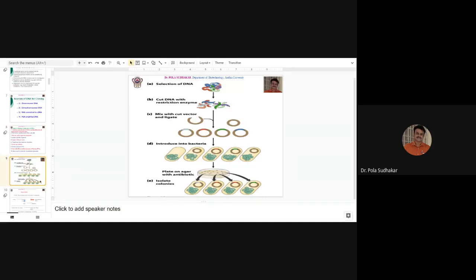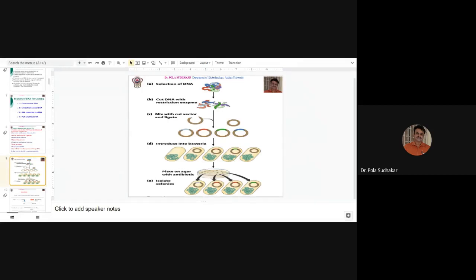Okay, so in DNA cloning, while constructing the vectors, the points you have to consider while making the plasmid or vector along with the desirable DNA is that you have to tag your desirable DNA with selection genes.